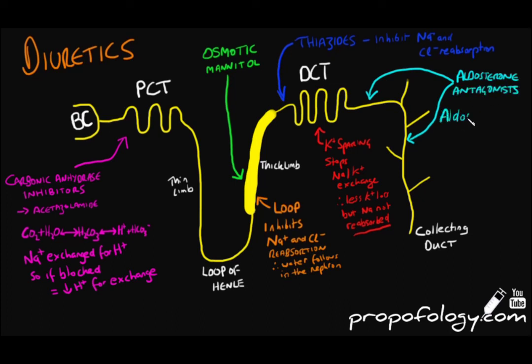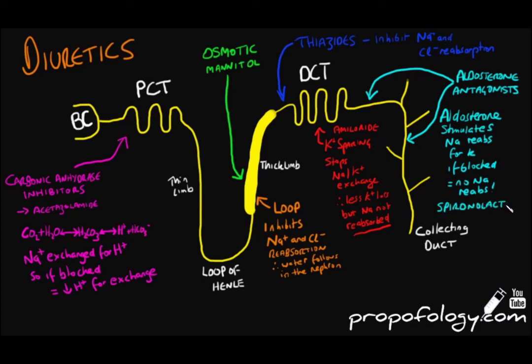They're competitive antagonists of aldosterone, which is important because aldosterone stimulates the reabsorption of sodium in exchange for potassium. So, if these receptors are blocked, you get no sodium reabsorption, therefore sodium stays in the tube, therefore you lose water. Let's recap. We've got carbonic anhydrase inhibitors, osmotic diuretics, loop diuretics, thiazides, potassium-sparing diuretics, and aldosterone antagonists.